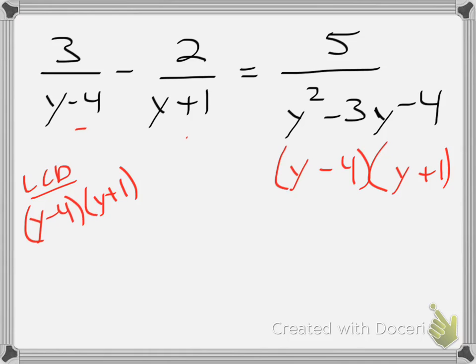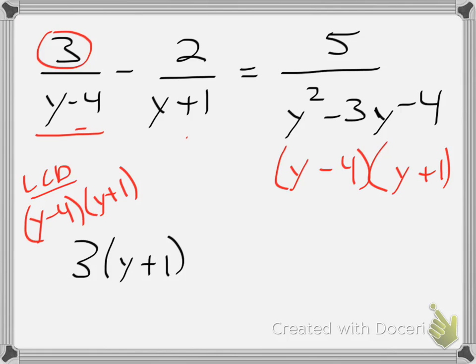We can look at each of our denominators and determine what it is missing in relation to the LCD. So looking at our first denominator, y minus 4, when you compare it to the least common denominator, the term that it's missing is the y plus 1. So I'll take my numerator from that expression and multiply it times that missing term. And I'll put it down here, 3 times y plus 1.